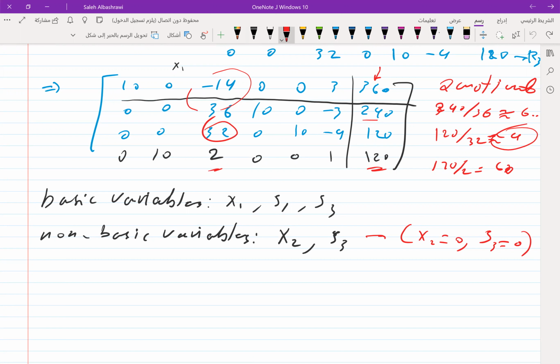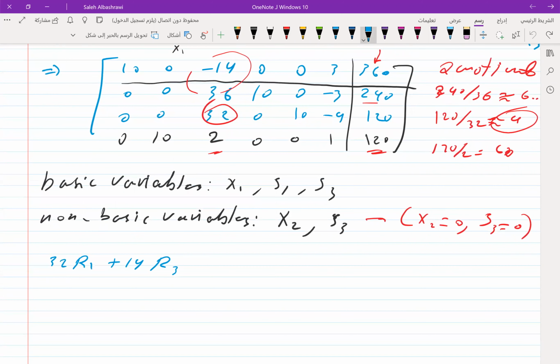So for the first row, to make it equal to 0, I will have 32 R1 plus 14 R3. This will give me 320.